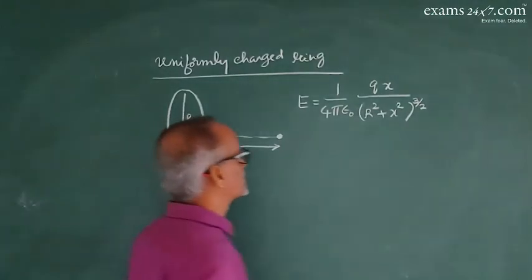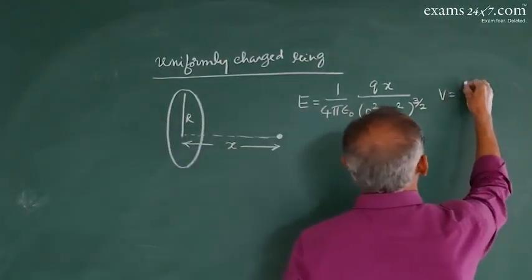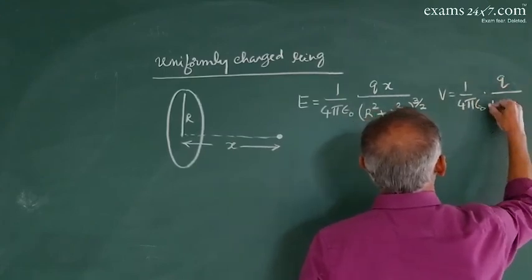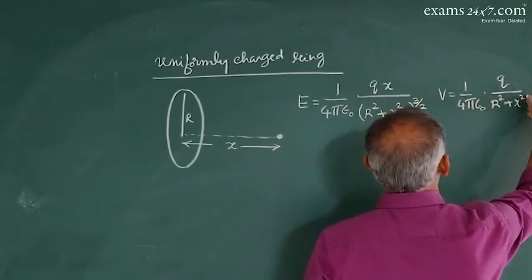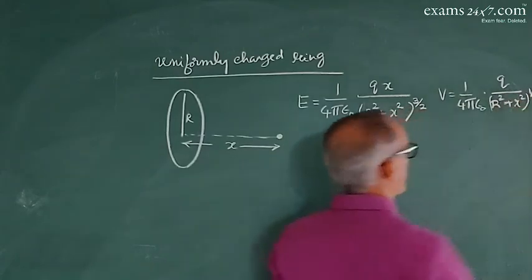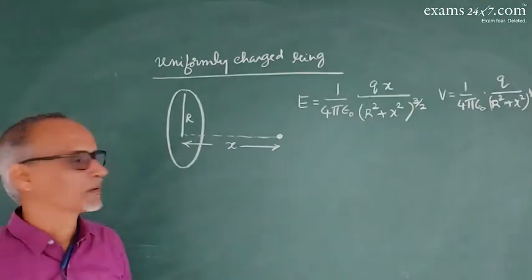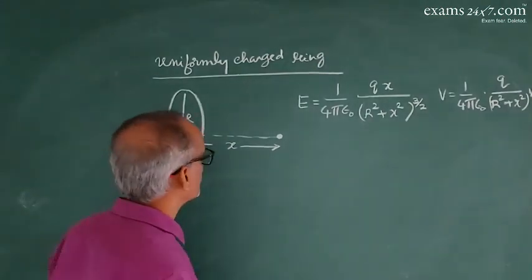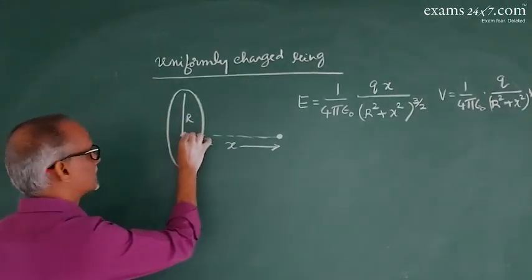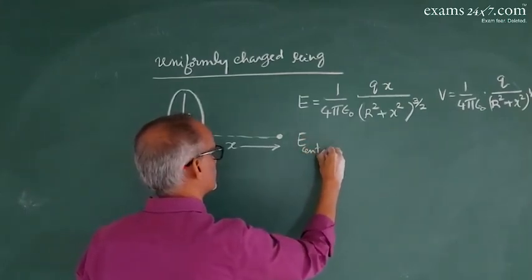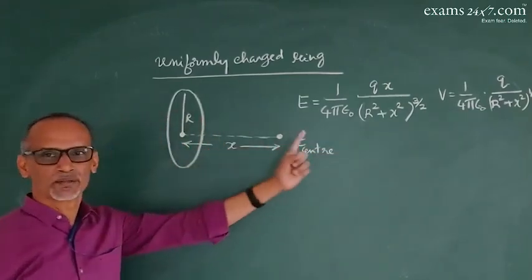But the potential is V equal to 1 by 4 pi epsilon naught Q by (R² plus x²) to the power half. Now, at the center, x is 0.